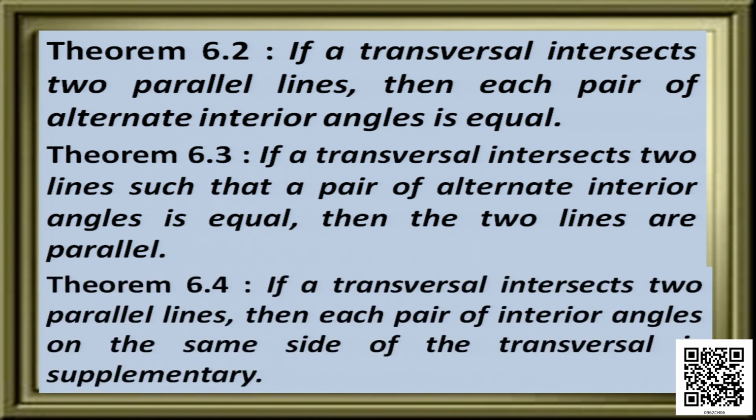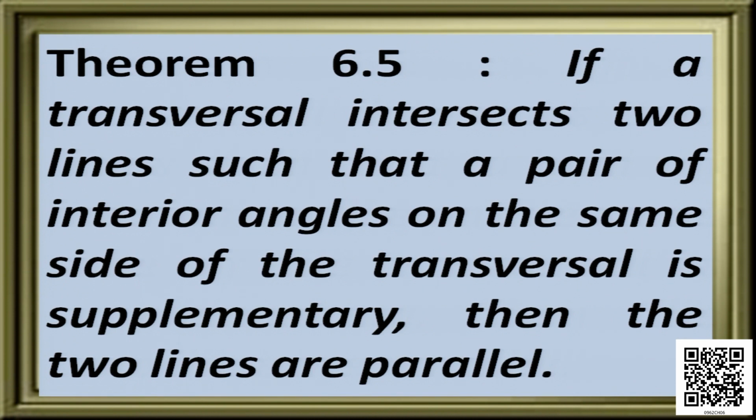And the third one is: if a transversal intersects two parallel lines, then each pair of interior angles on the same side of the transversal is supplementary. And its converse is: if a transversal intersects two lines such that the interior angles on the same side of the transversal are supplementary, then the two lines are parallel.